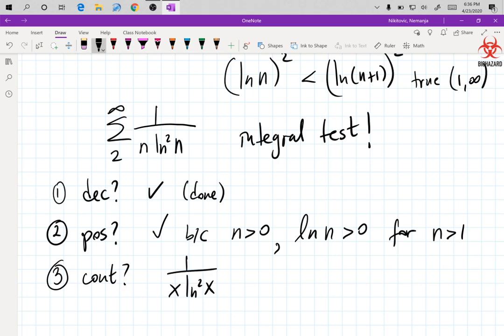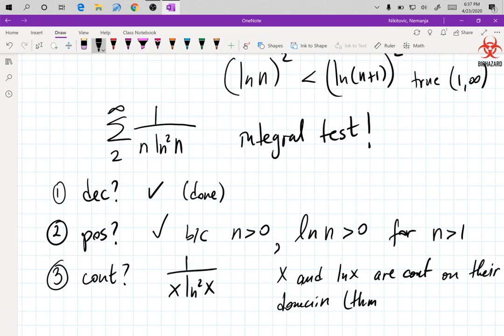Well, for continuity, we are recalling those two theorems from Calculus 1. If you go back to section 1.6 where we talked about continuity, you will find the theorems which state that x and ln x are continuous on their domain. That's the theorem from Calc 1.